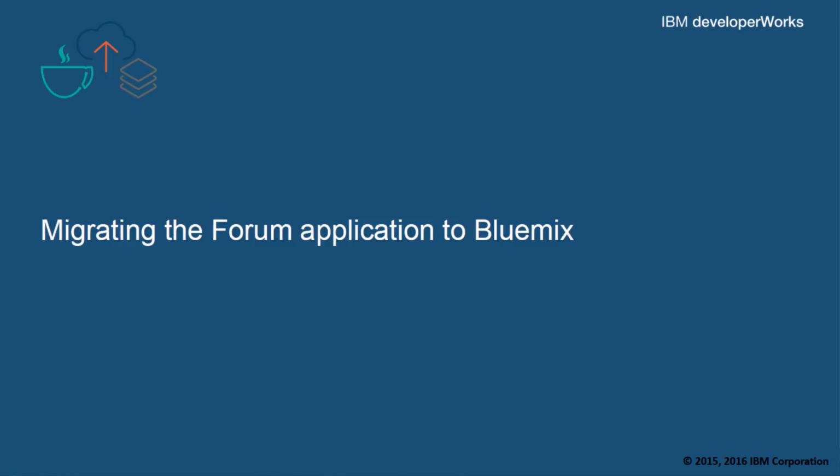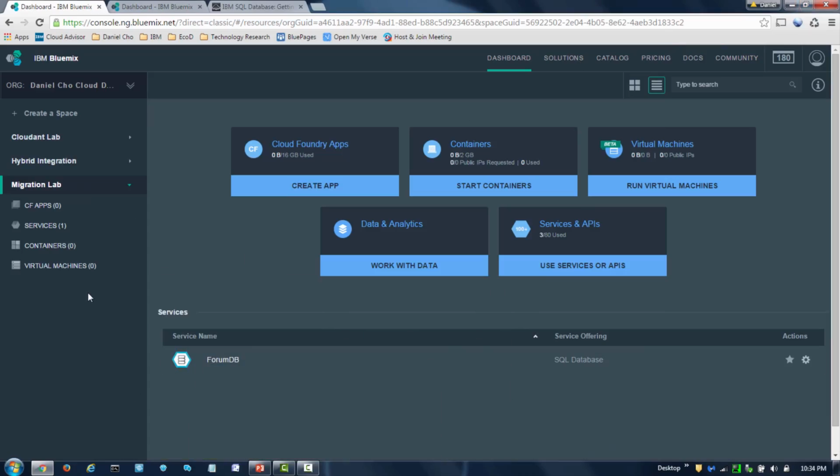So what we're going to do is go to Bluemix and create a migration lab space, which I've already gone ahead and done. And we're going to create an instance of a SQL database as a service. So now let me get to Bluemix. In the essence of time, I brought up the services, and I created the migration lab, as you can see here.